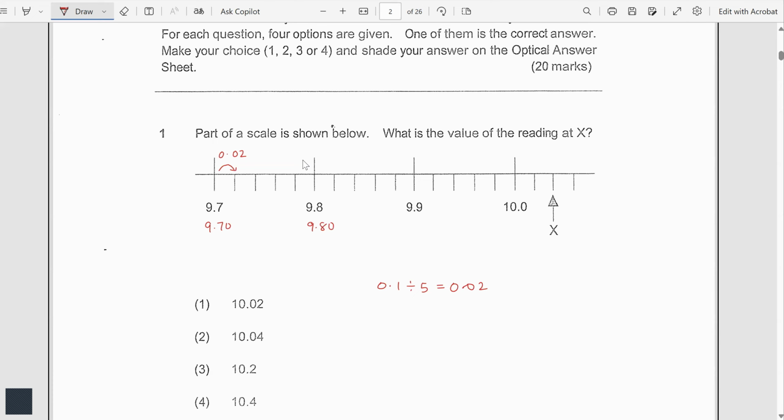Adding a 0 doesn't change the value. So you can see it as almost like 70 and 80. It will be easier to see that actually the increase is 0.02. So with this, you are adding 0.04 because there are 2 intervals. Okay, so answer is 10.04.